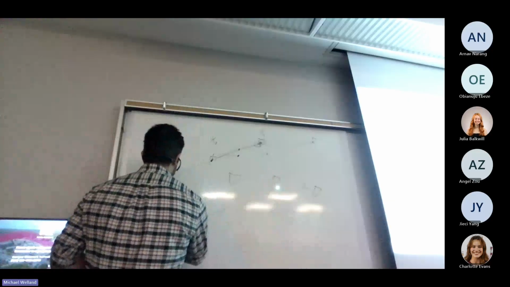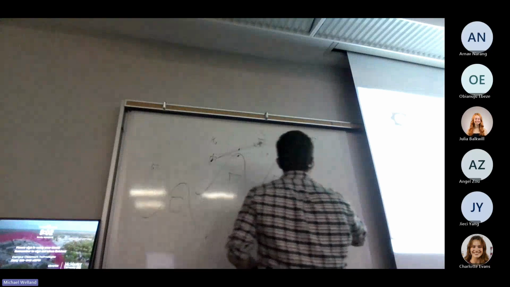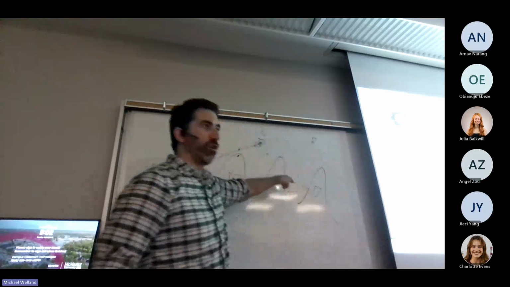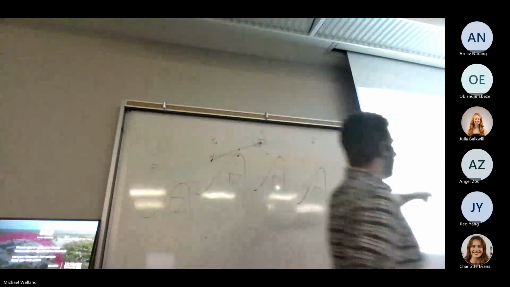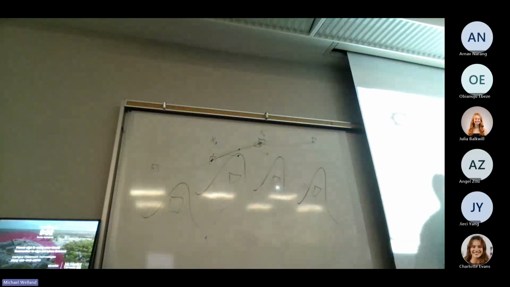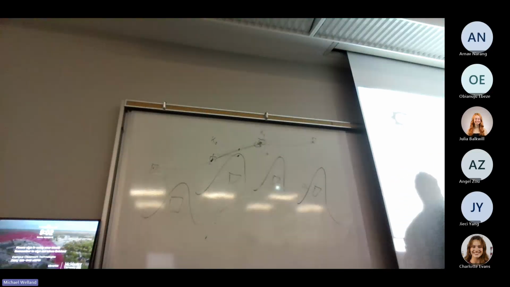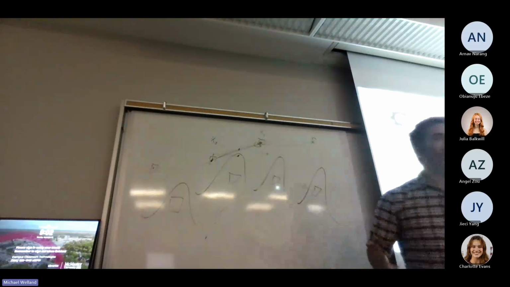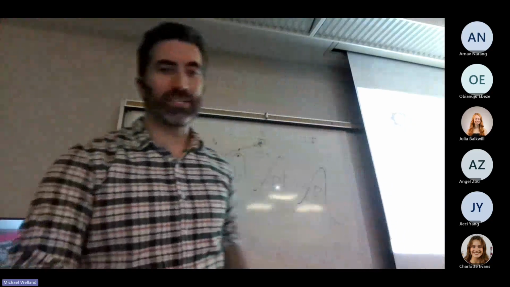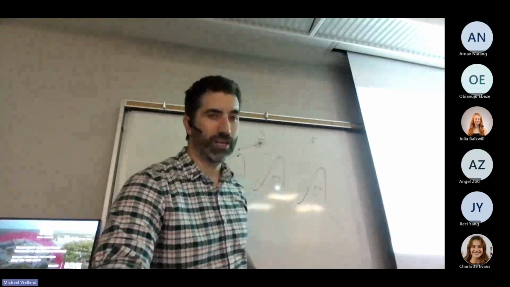Which is going to look something like this. At every data point, you're going to have a Gaussian kernel, and your overall function is going to be the sum of all of those kernels associated with their data points, weighted by some weighting factor. So we're back to the weighted sum again.